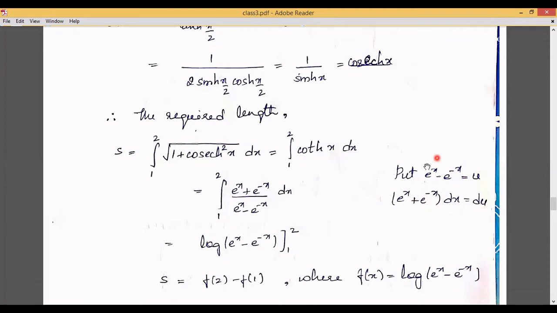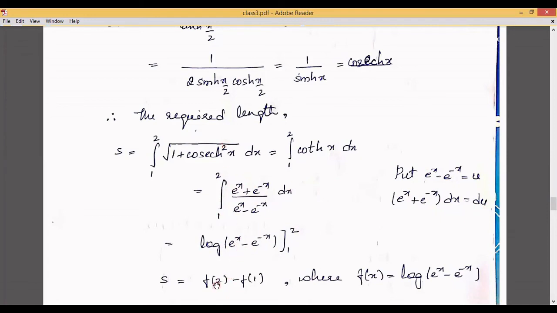Once you substitute all this in the integral, it becomes 1 by u into du. So that becomes log u after integration, and log u is nothing but log of e power x minus e power minus x, between the limits 1 and 2.